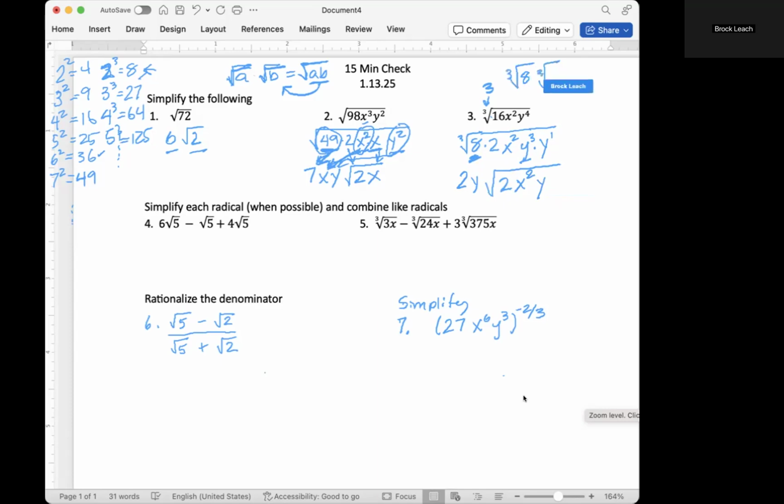We have the cube root of y cubed. These are the two that I took that had groups of 3. And then what was left was 2 and an x squared and 1 y. And then this becomes 2. That becomes y. Cube root of 2x squared y.